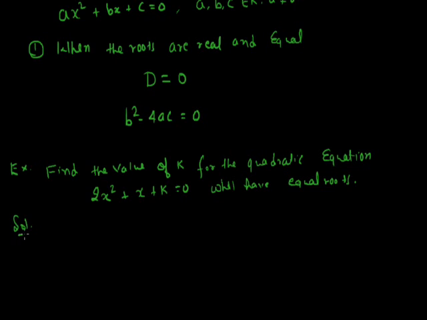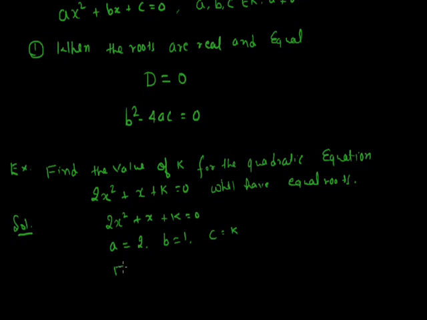Now solution for this. Quadratic equation is 2x square plus x plus k equal to 0. Now if we compare by ax square plus bx plus c equal to 0, then a will be equal to 2, b will be equal to 1, and c equal to k.